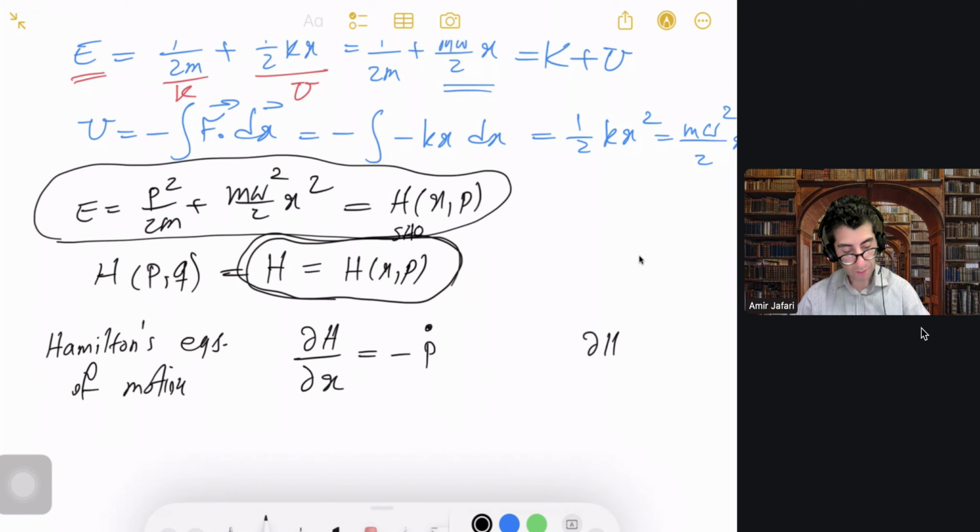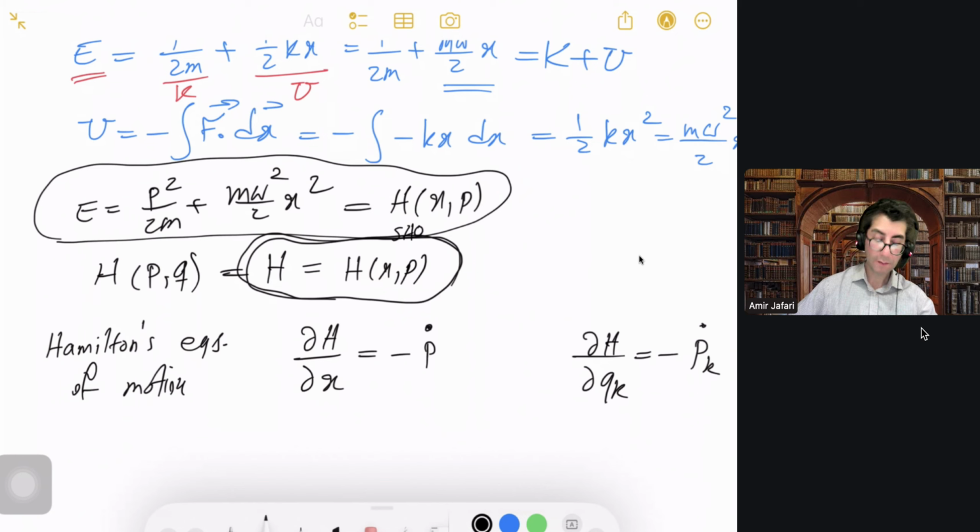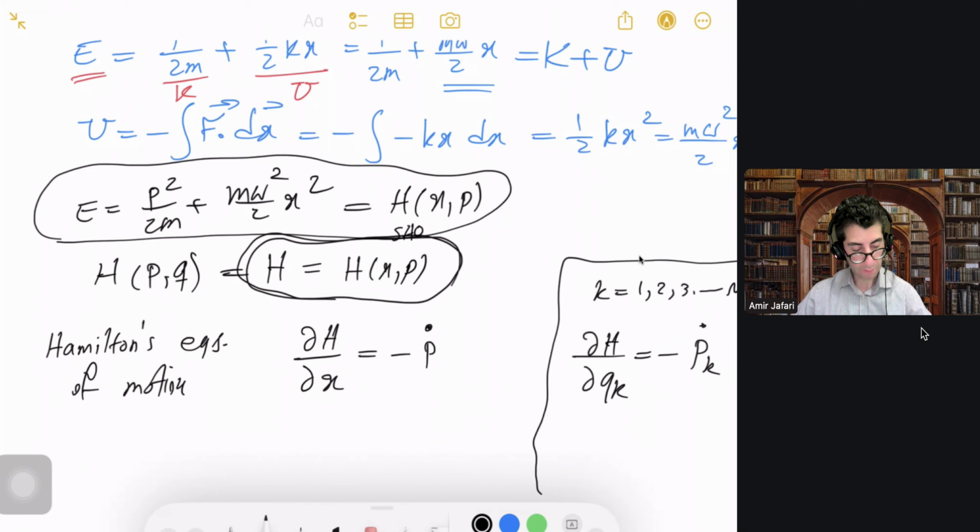In general, Hamilton's equations would look like these. And for a system with n particles, k equals 1, 2, 3, up to n, they look like these equations plus q dot.